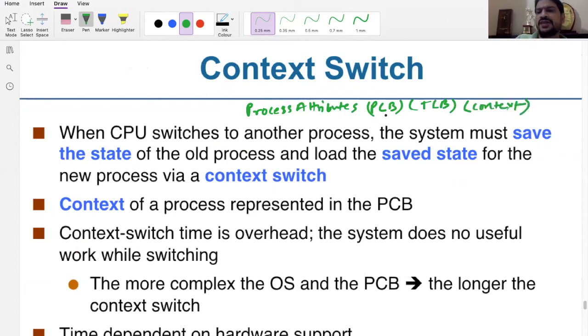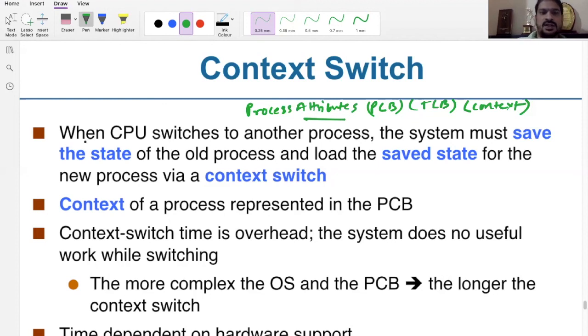So these are different names for process attributes. This PCB is required to switch from one process to another, done by the short-term scheduler, and that is called context switching. So when a process is switched from the CPU and to the CPU, we need to do context switching.